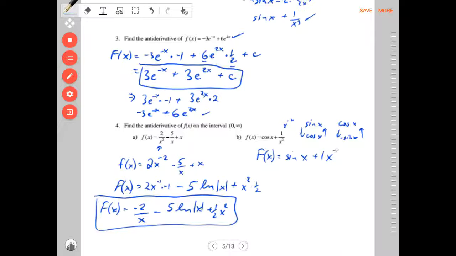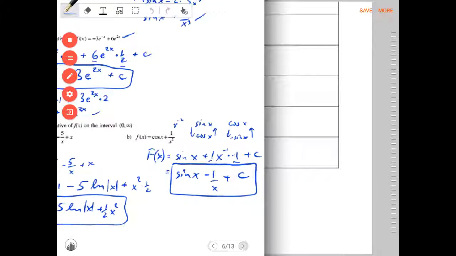So minus 1 multiplied by the reciprocal of that new exponent, so minus 1 plus c. So that is now sine x plus negative 1 times positive 1, so that's negative 1, and then x to the minus 1, so that's just x on the bottom, plus c. So there is our antiderivative.